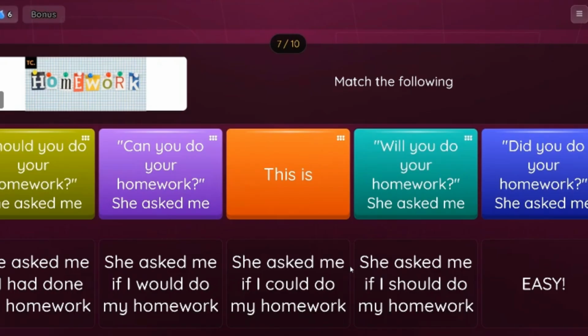The second one will be matched to the third. Will you do your homework?